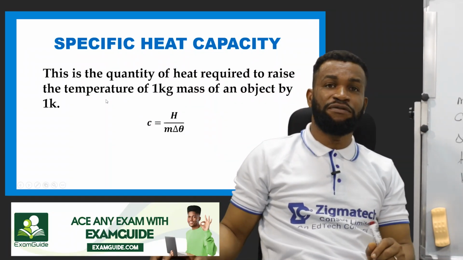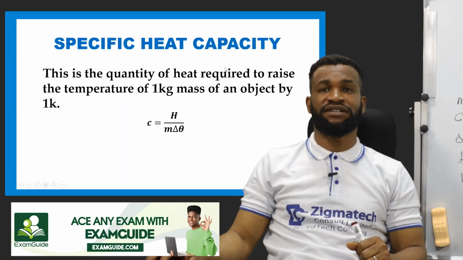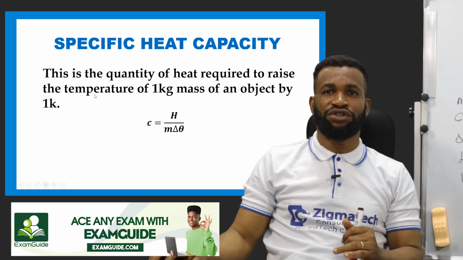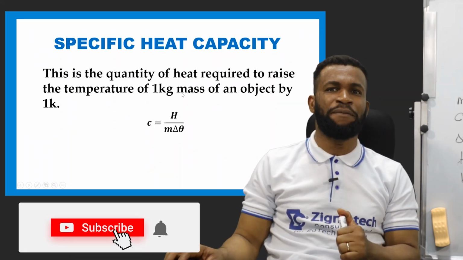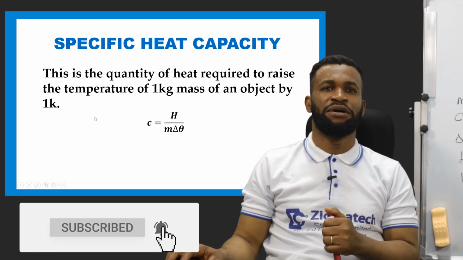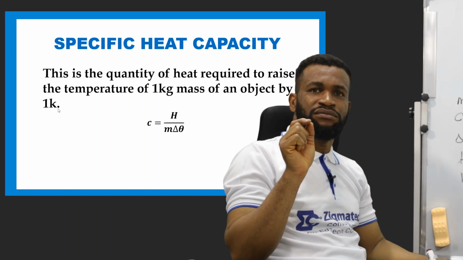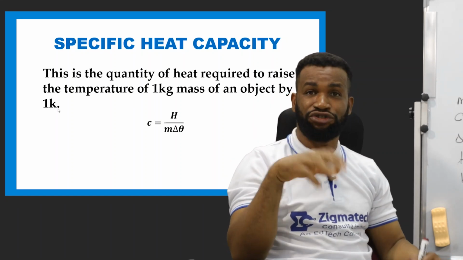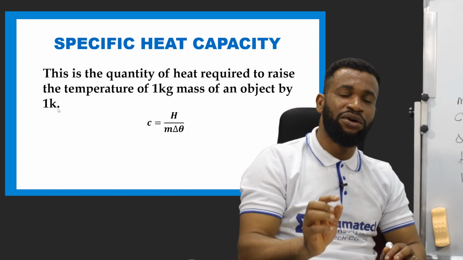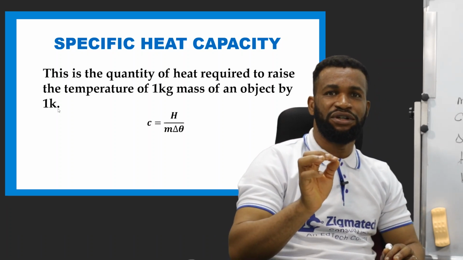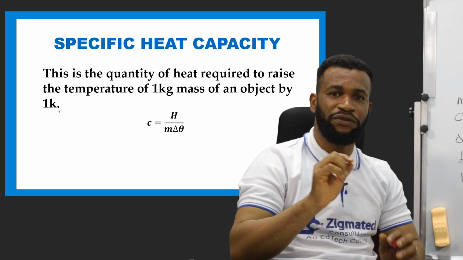Now, we have another one which is called specific heat capacity. This is the quantity of heat required to raise the temperature of 1 kilogram mass of an object by 1 Kelvin. You see? This particular specific heat capacity, just like the name entails, is more specific. It's centered only on a unit mass of the body. When we talk about the unit mass of the body, we are talking about just 1 kilogram of a body.